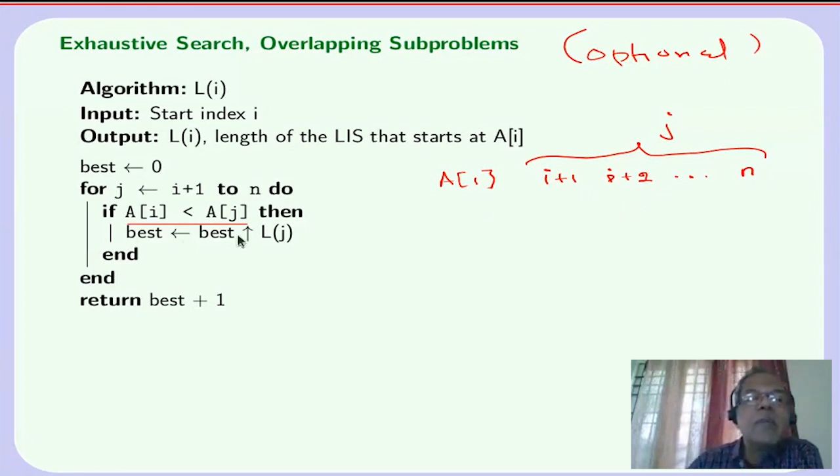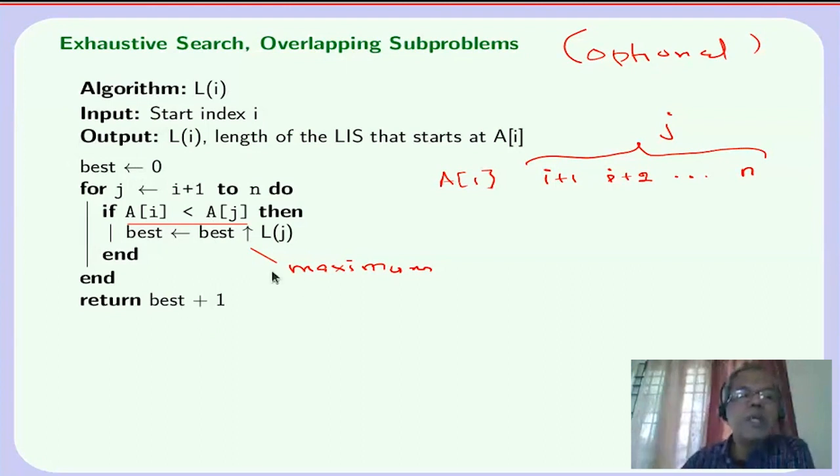How do you find out? Best: I am using this as a maximum operator, very informally. This is a non-standard notation. Compare best and L of j, whichever is larger becomes the new best. We have initialized best to 0.